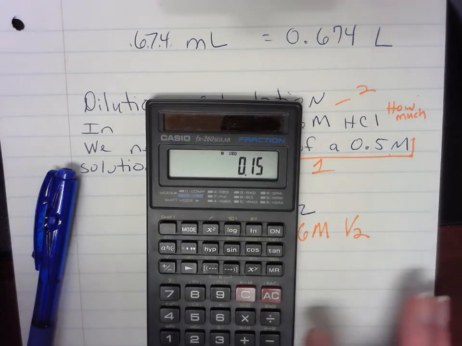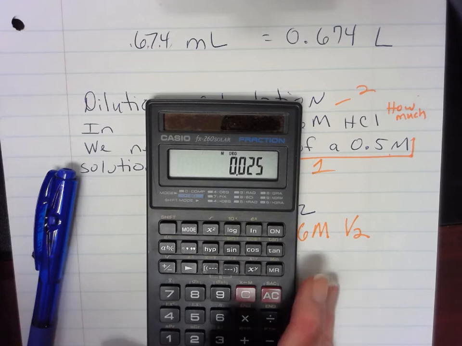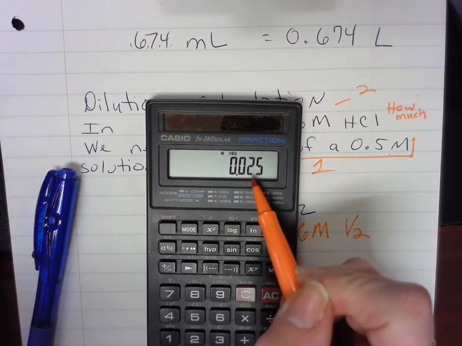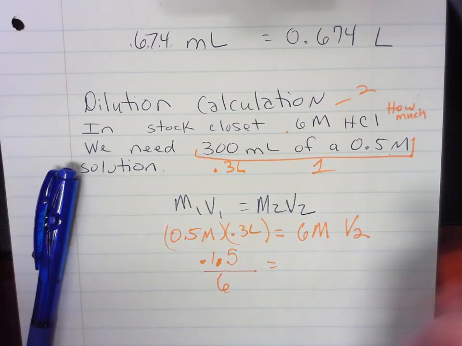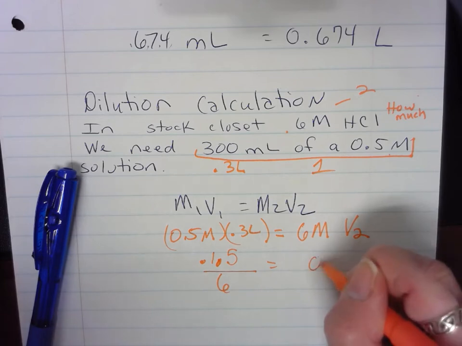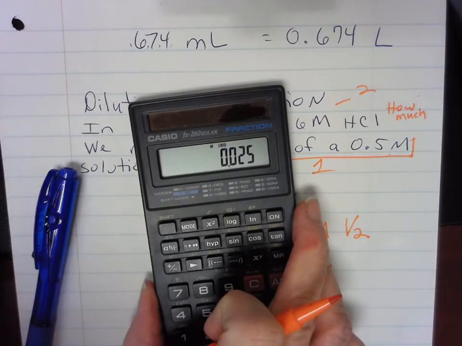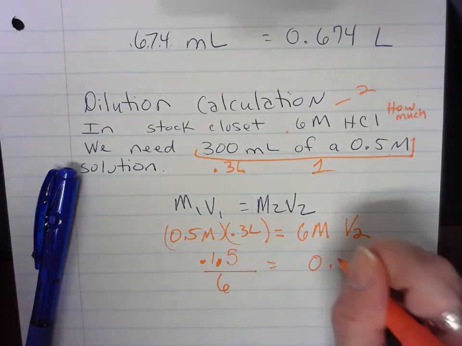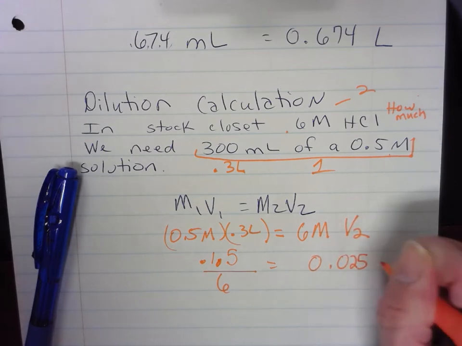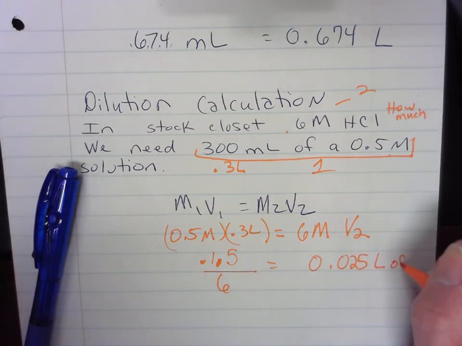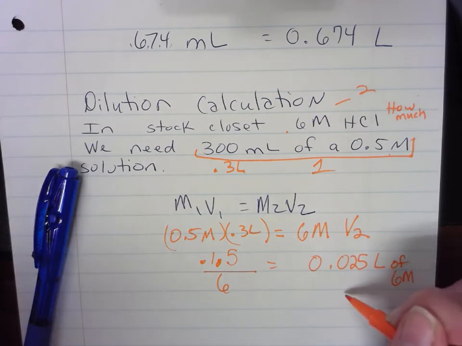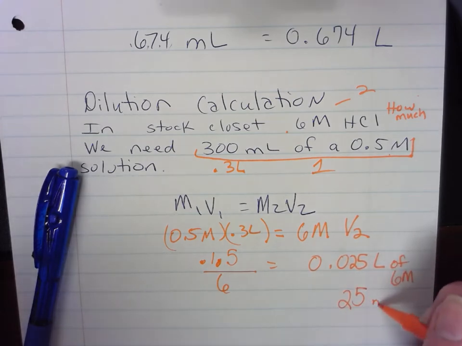I'm going to divide it by 6, and that means I need 0.025 liters of this 6 molar solution. In other words, I need 25 milliliters of it.